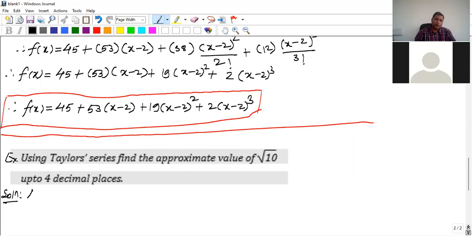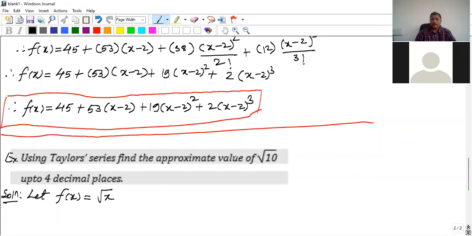Let f of x is equal to root x, because we want to find out the value of root 10. So I can put the value of x is equal to 10. But if I put x is equal to 10, am I able to get the value?